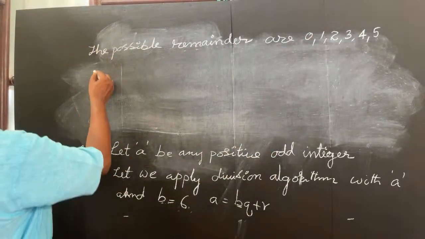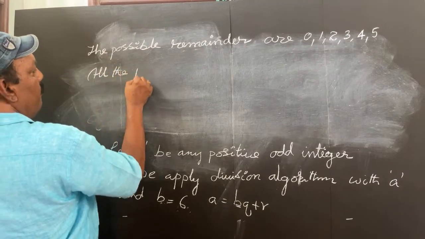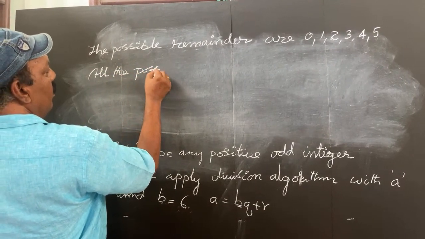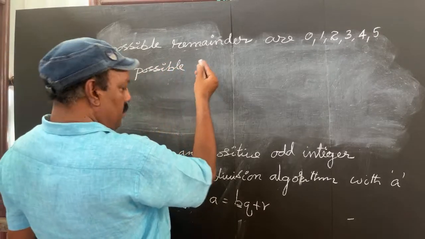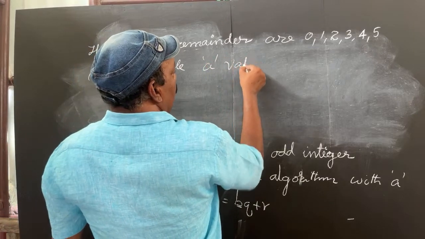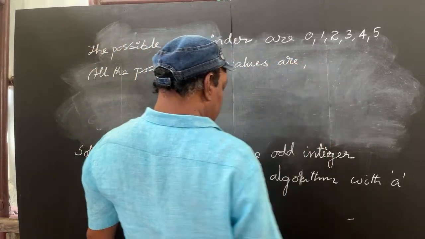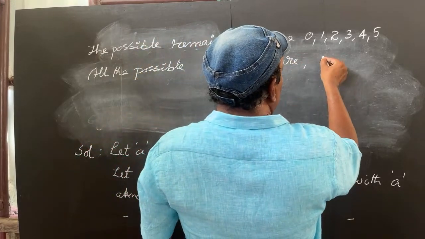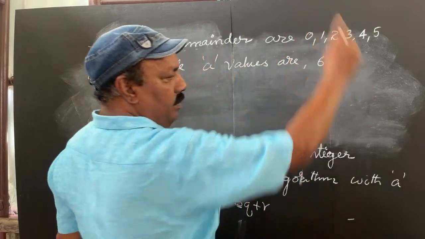Now step number 4 is all the possible a values. All the possible a values are here: 6 cube, because here the remainder is 0.